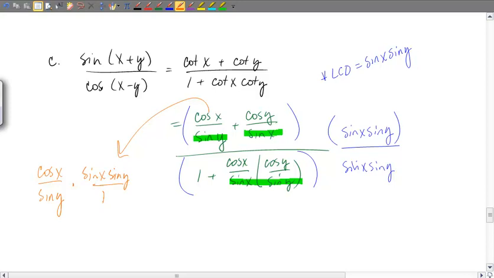Well, what happens? What cancels here, right? The sine y's cancel, leaving me with just cosine x, sine x. So I took something that had a fraction and rewrote it like this. I got rid of that denominator.